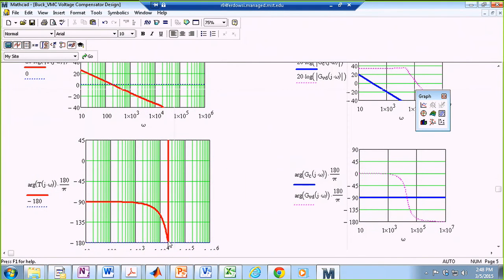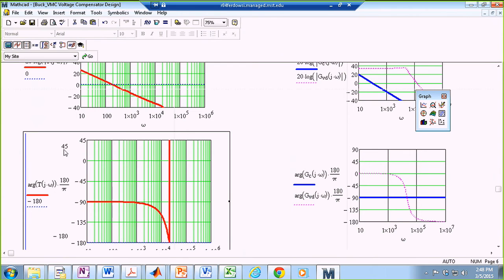If you are curious about how come this line is jumping from here to here, this is a problem that MathCAD has. It cannot draw continuous phase angle. So it goes from negative 180 degrees all of a sudden to positive 180 degrees. But here I only have up to 45 degrees, so actually I don't see it. If you increase this to 180, you can see the rest of the graph.